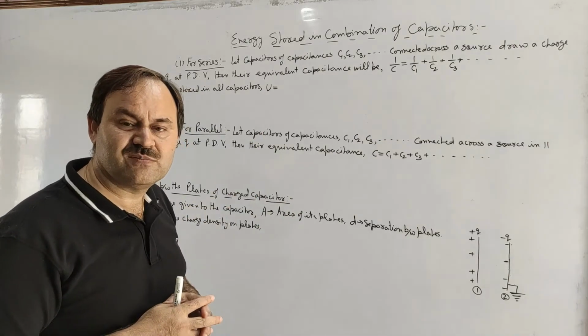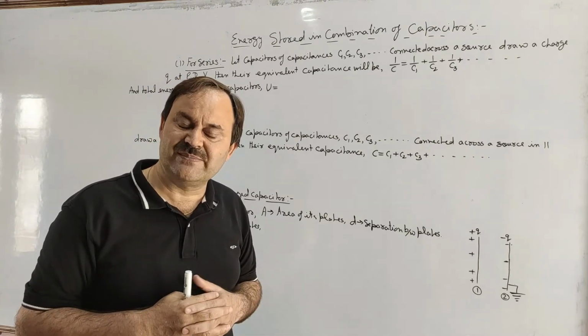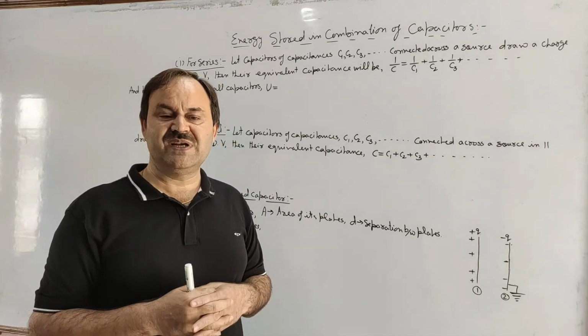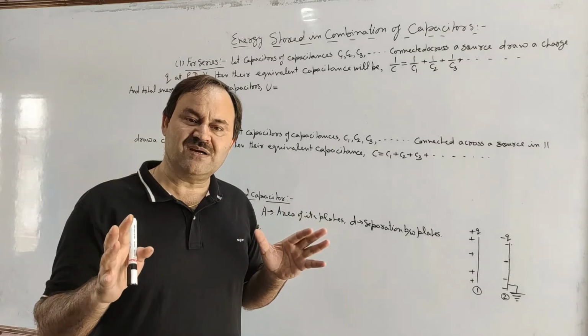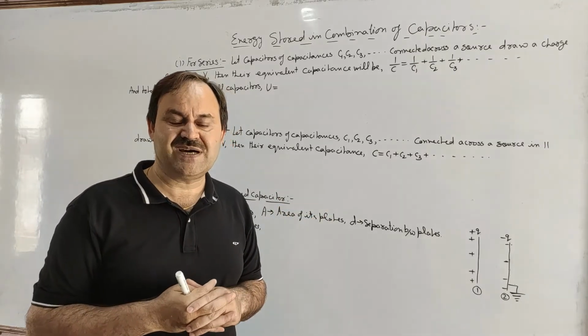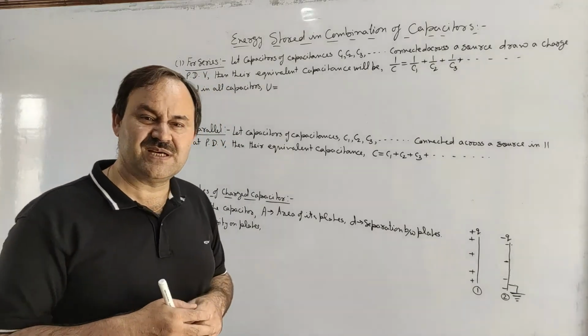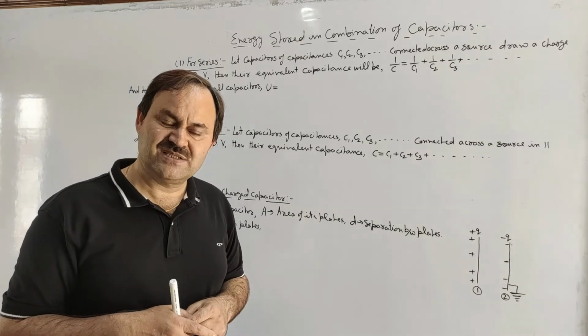In case of series combination, charge on the plates of all capacitors will remain the same. So we will use the formula of potential energy stored in which charge and capacitance are used, and that formula is half Q square by C.